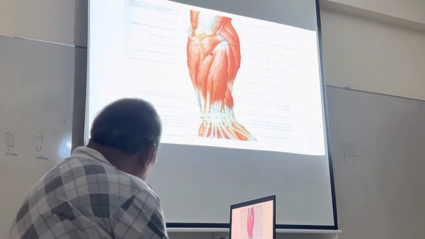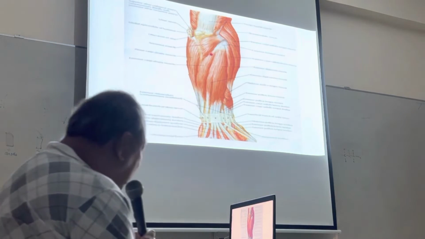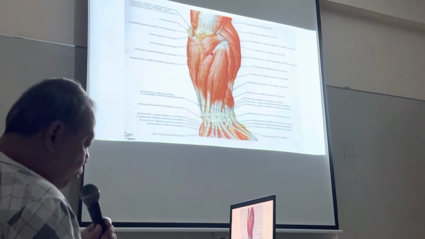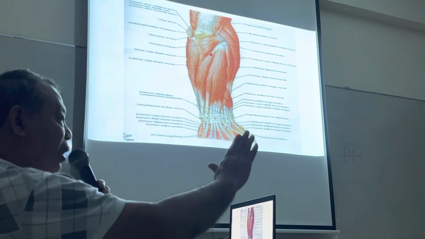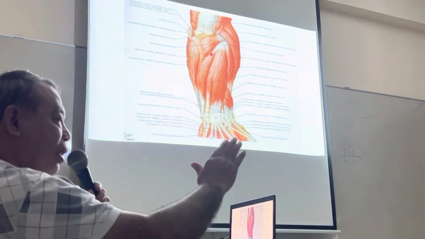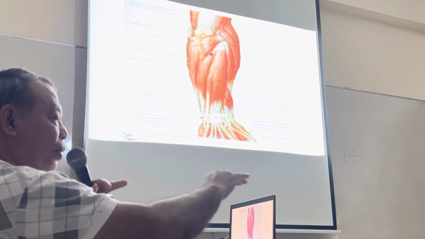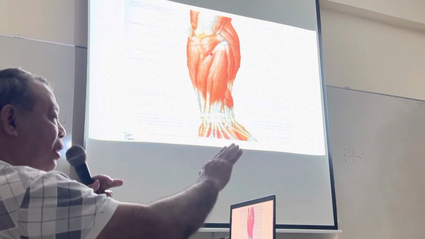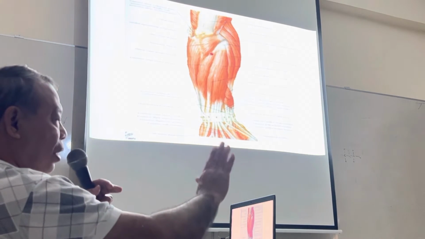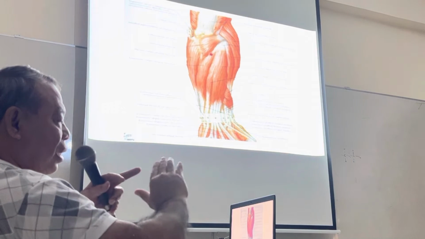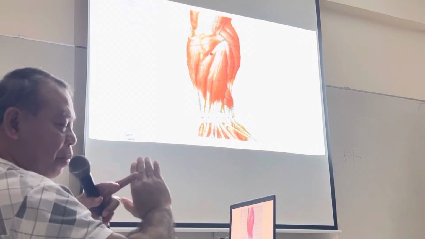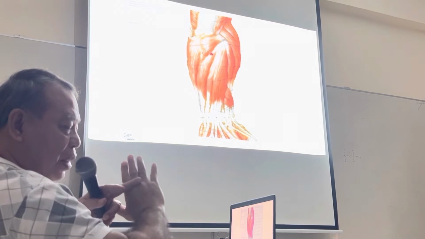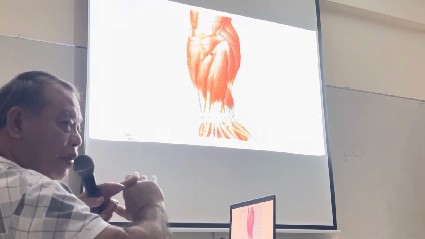Okay, so we will extend the digits. Now, in the fingers here, the digits, can you see? When you do this extension of the fingers, this part here is not a finger.